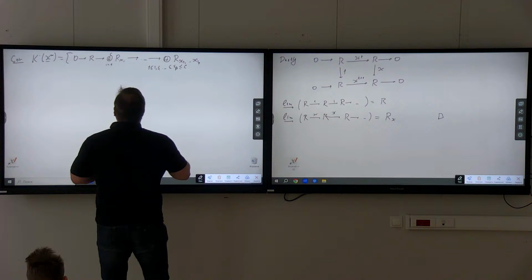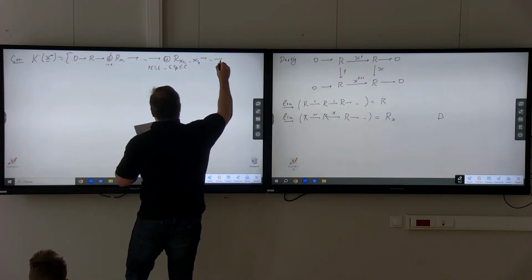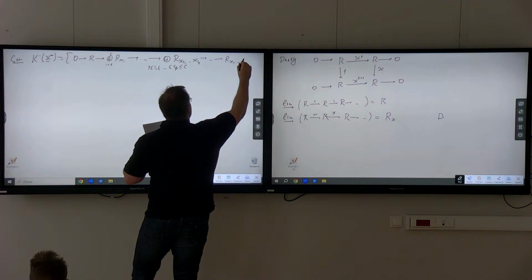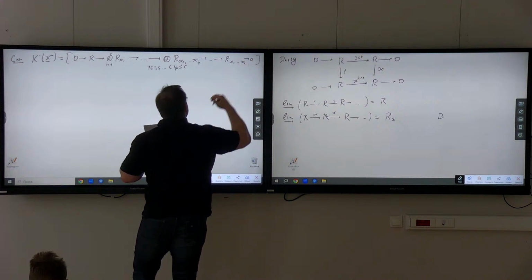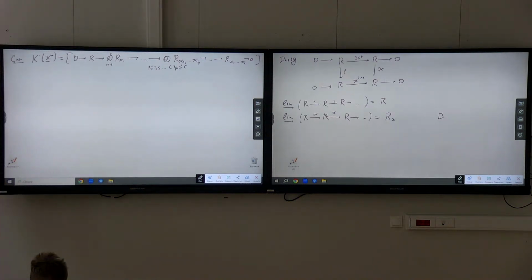So this is the term in degree p. And finally, the last term is just the localization of the ring at x_1, ..., x_c. After that, we'll get zeros. So this is just the result of a tensor product of those small complexes.